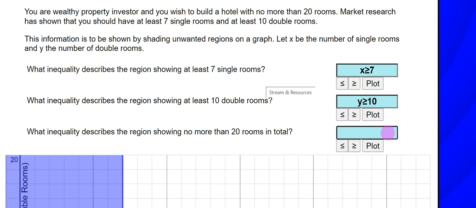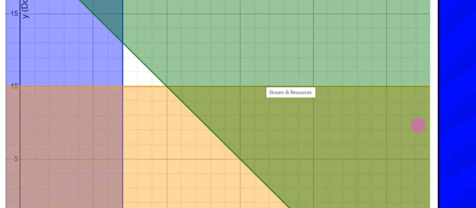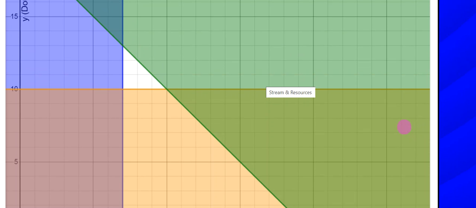Because x is the number of single rooms and y is the number of double rooms, if I add x and y together, the answer must be less than or equal to 20. Now if we plot those, this is what we get. And you'll notice that there is only a very small region available.